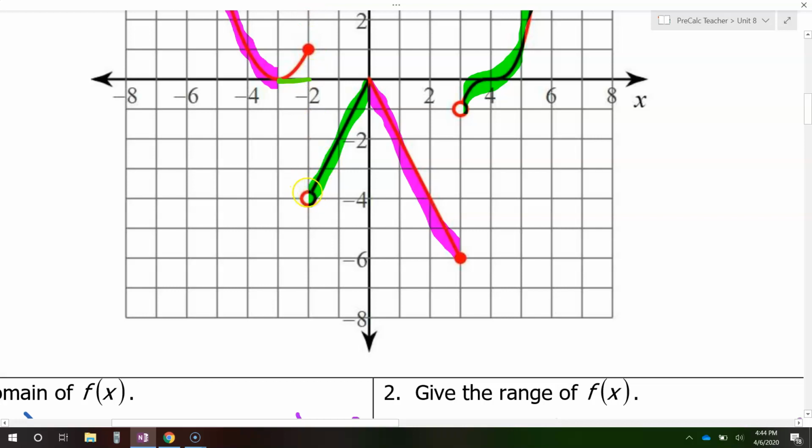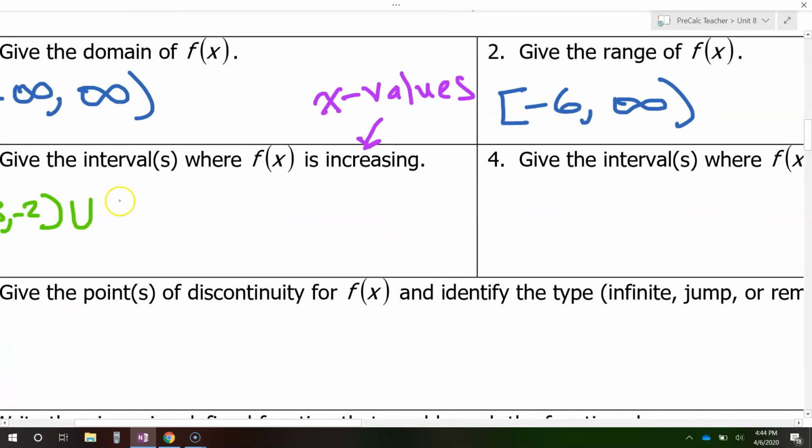So I'm going to pick up with another piece of the interval down here. This portion of the graph has x values from -2 to 0.